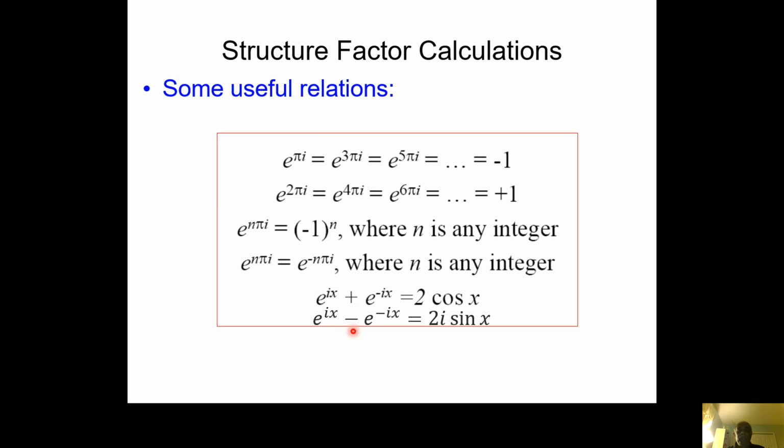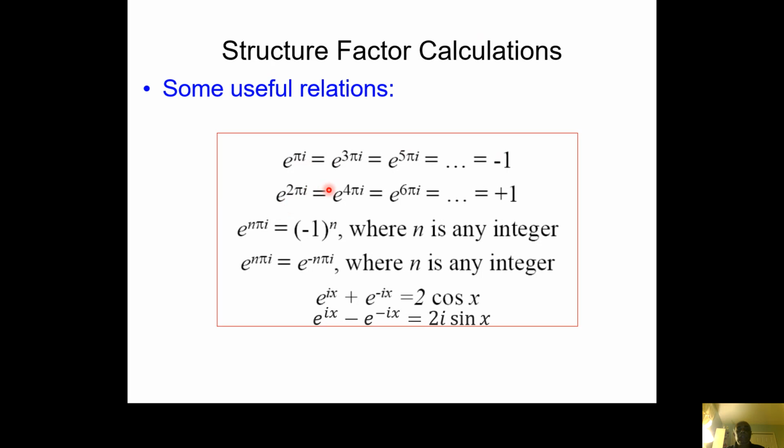So let's start calculating the structure factor. Before we do that, there are some useful relationships you should all remember. We know the exponential of any odd multiple of pi i, e to the pi i, 3 pi i or 5 pi i, is equal to -1.